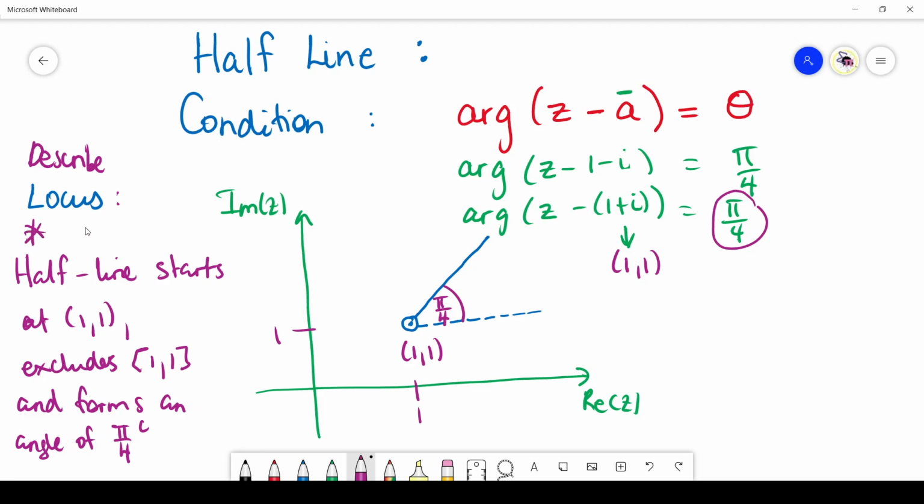Please revise this wording, this description. It comes up a lot in past paper questions. They will ask you to describe the locus of this complex number. So that's what it always looks like. It looks like a dotted line on one end, missing the starting point from being part of the answer. And that's pretty much what it looks like.